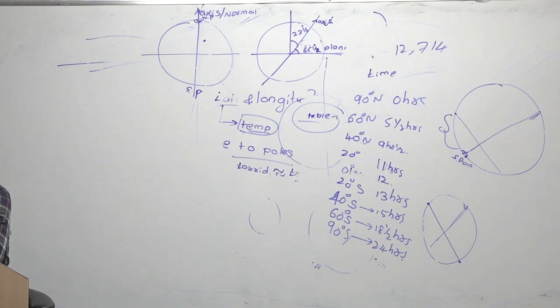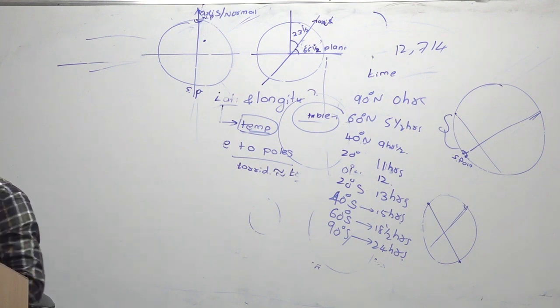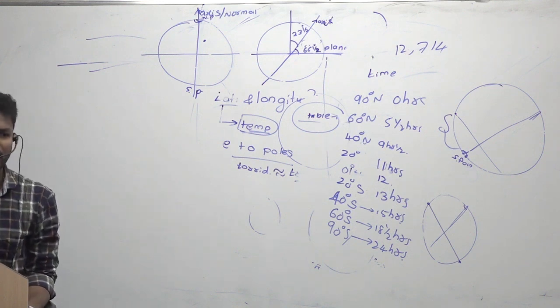Here, the circle of illumination includes the North Pole but excludes the South Pole.